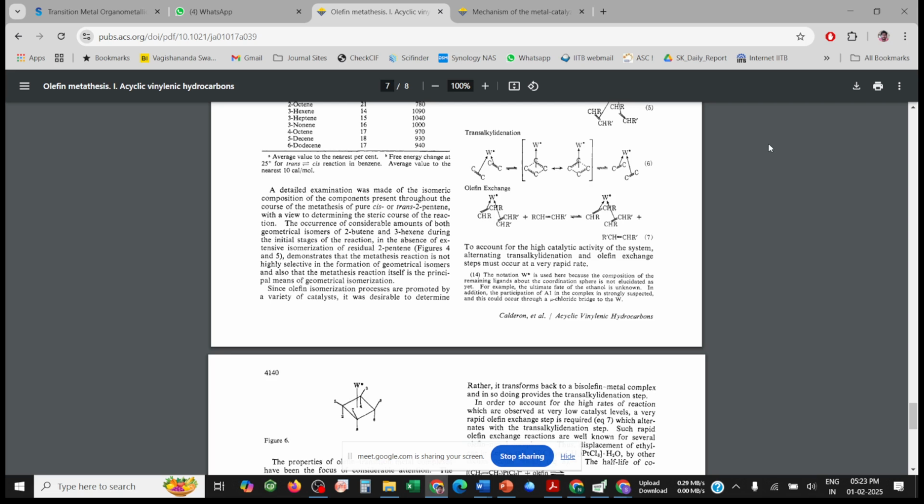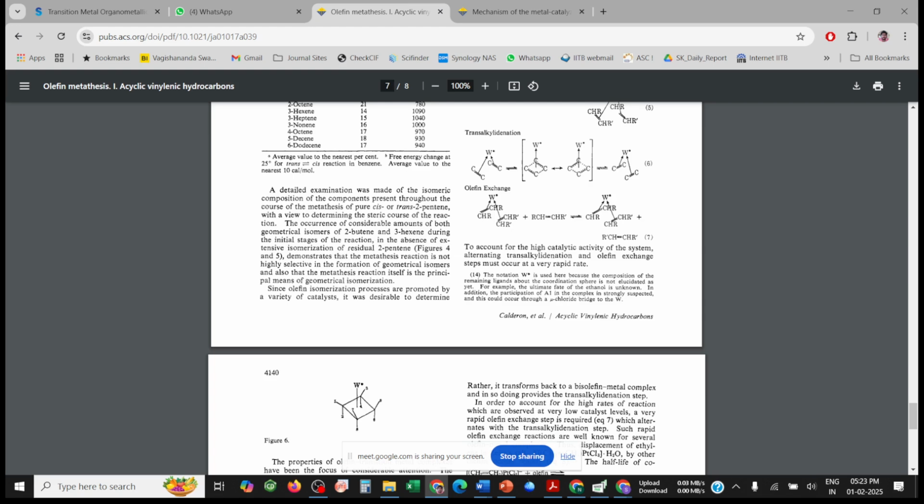Here you can see the cyclobutane intermediate, where the metal is interacting with the cyclobutane type of intermediate, but he failed to give evidence of the formation of this type of compound. Later experiments proved that this cyclobutane formation is not possible, or the metathesis reaction is not happening through cyclobutane ring formation.